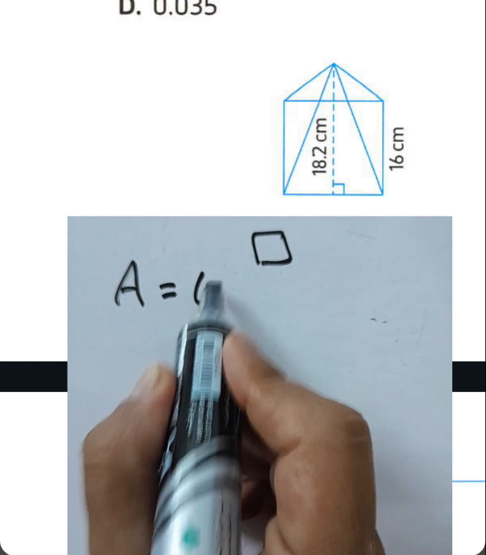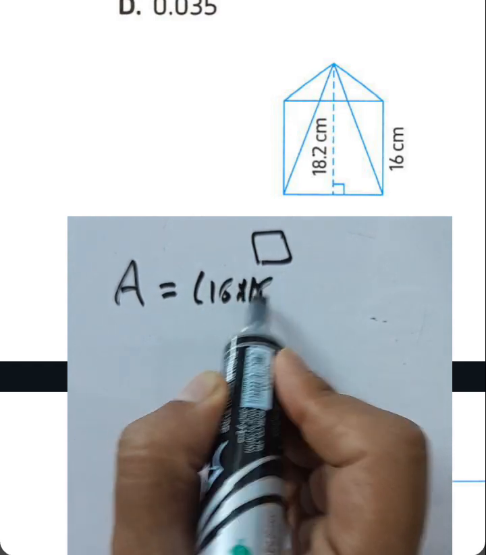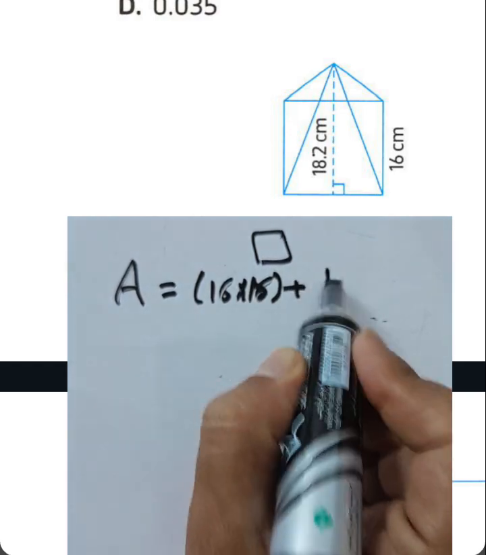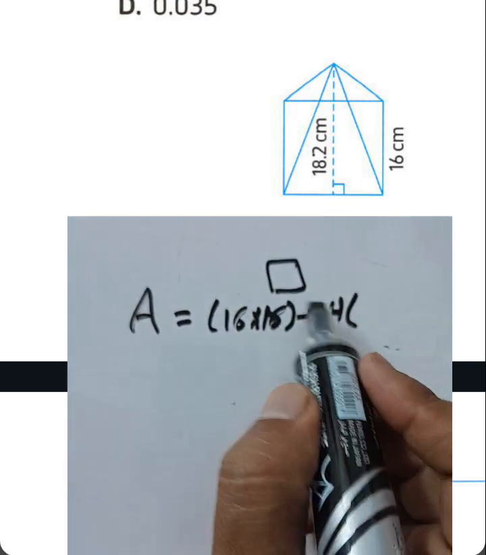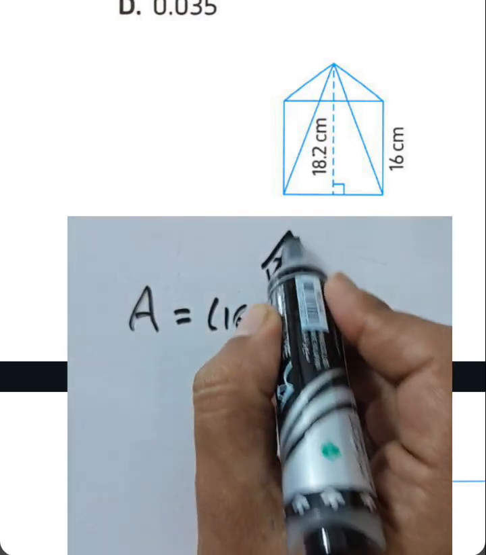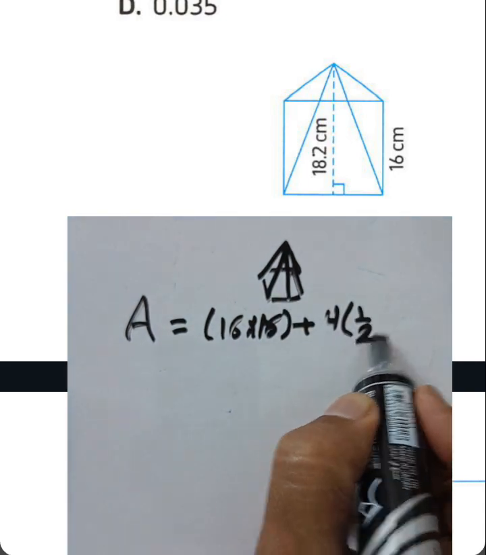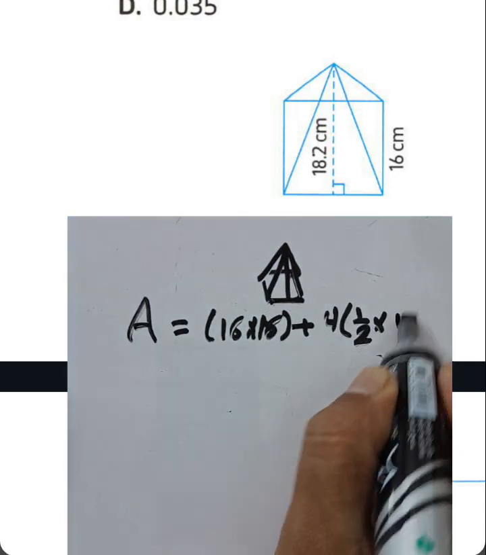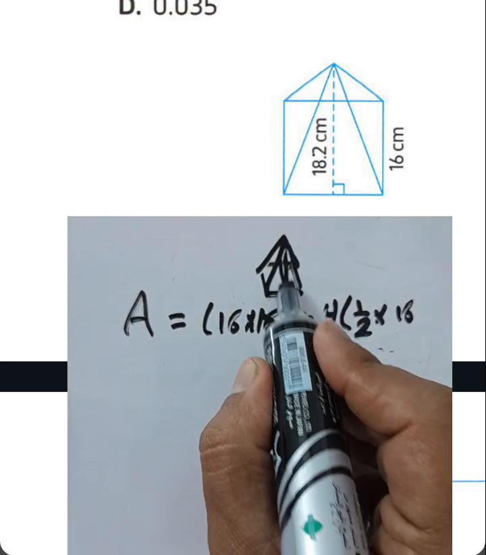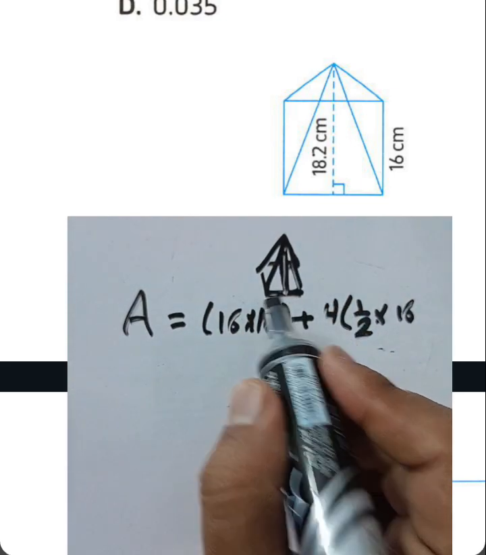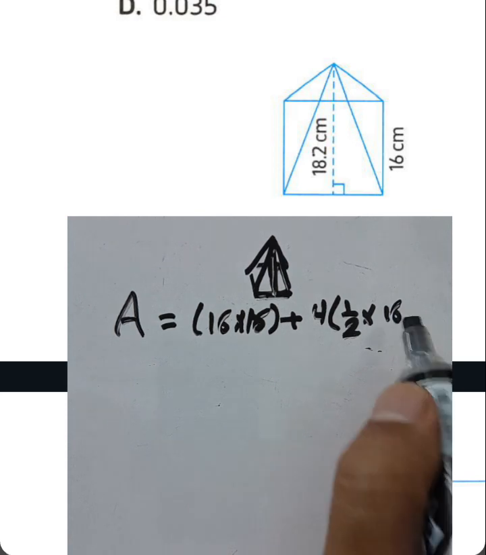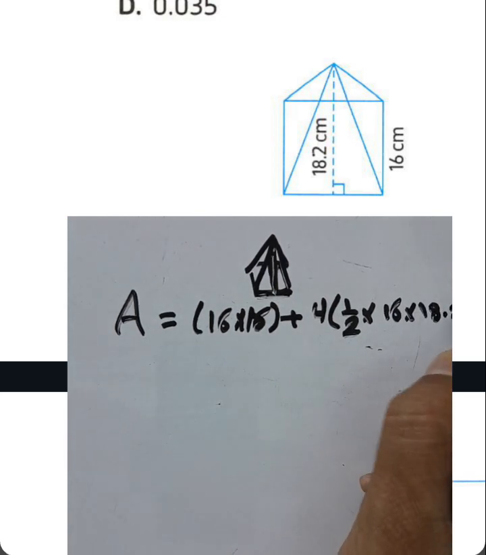We can write 16 product by 16, and we have four triangles. The area of each one of them is half times the base, 16, and the corresponding height was 18 and 2 tenths centimeters.